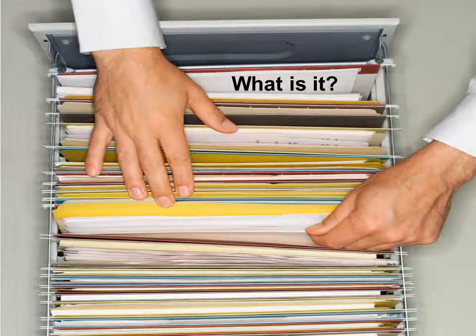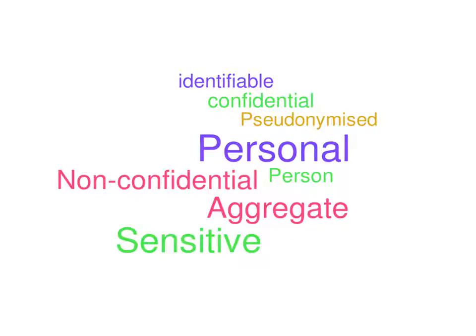So, confidential information, what is it? There are a number of terms that are used now in relation to information and data and confidential information. People might say it's identifiable, they might say it's confidential. There's personal and sensitive data, which again are different types of confidential data.